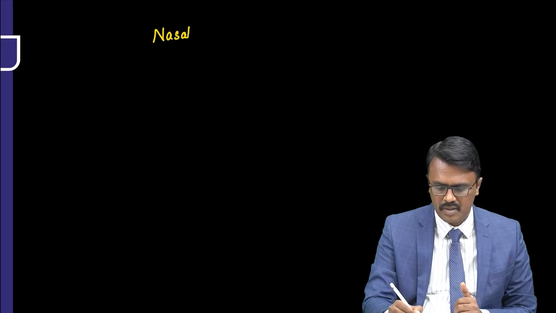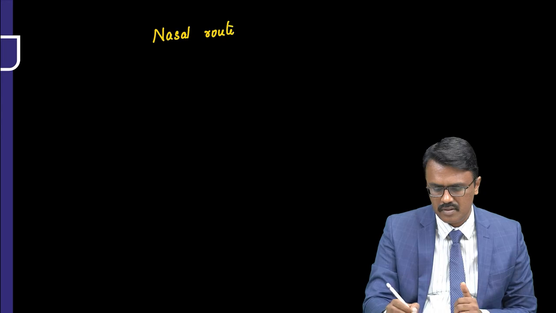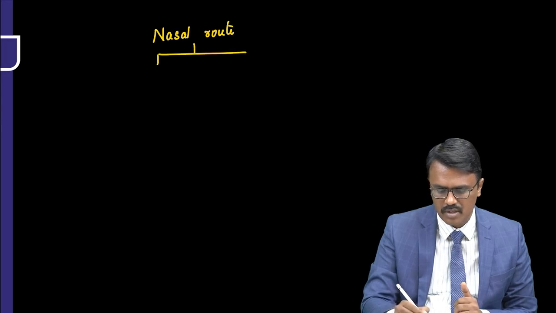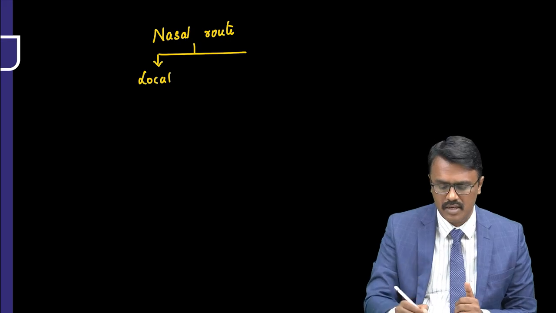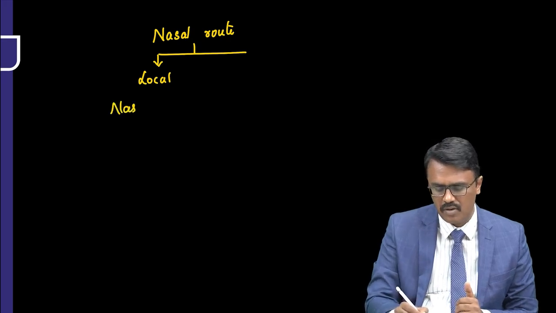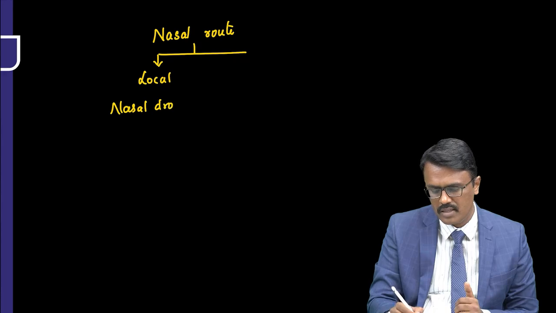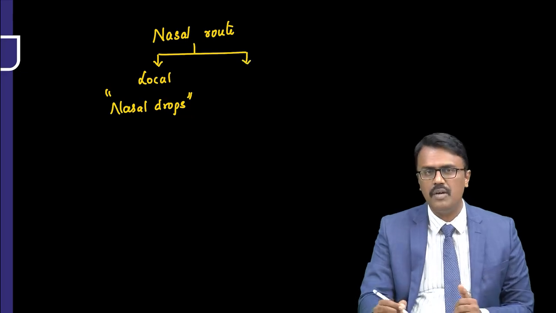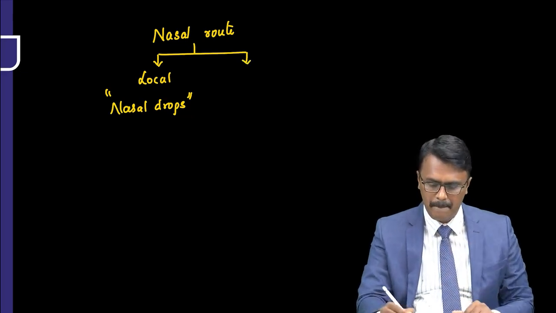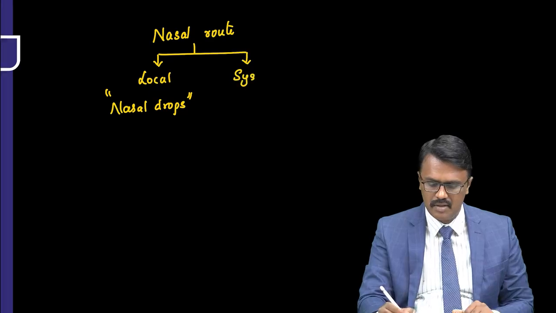The nasal route. Now, the nasal route can be a local route depending on the drug. Suppose you have a running nose and you use a nasal drop topically. So the nasal drop for running nose acts locally and constricts the blood vessels. But the same thing, if you are giving an intranasal spray, acts as systemic.